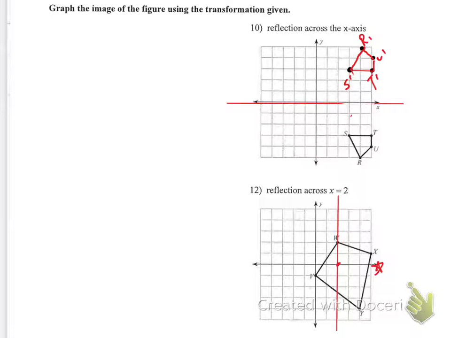And then all I'm doing is the same thing with my line. So V is to the left 2, so I'm going to go to the right 2 on that one. X is to the right 1, 2, 3, so I'm going to go to the left 1, 2, 3. And then Y is 2 to the right, so I'm going to go 2 to the left.